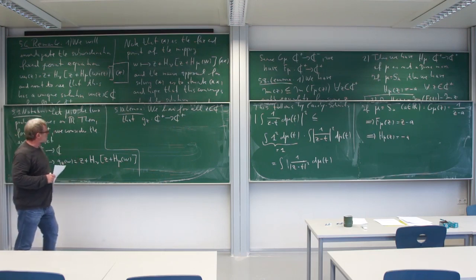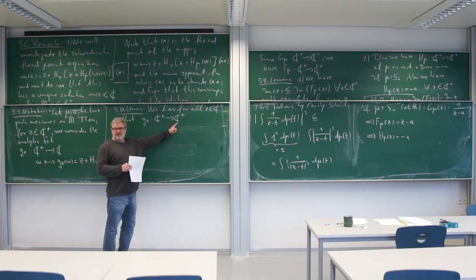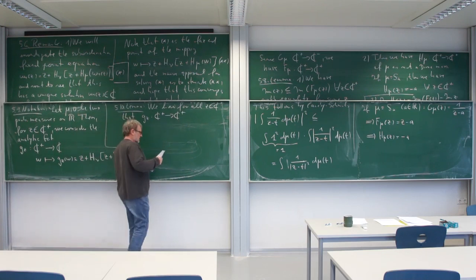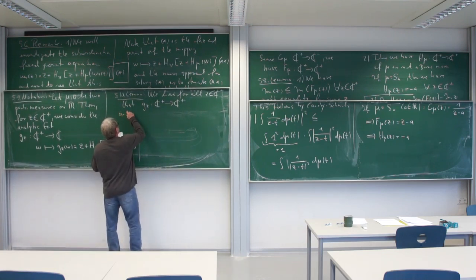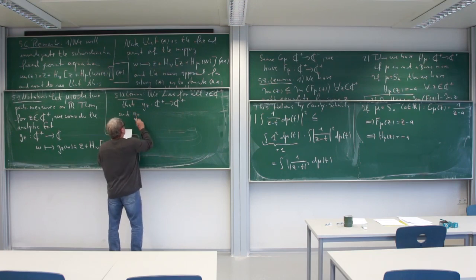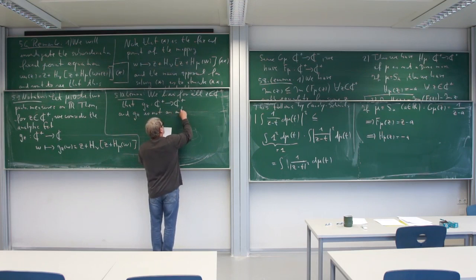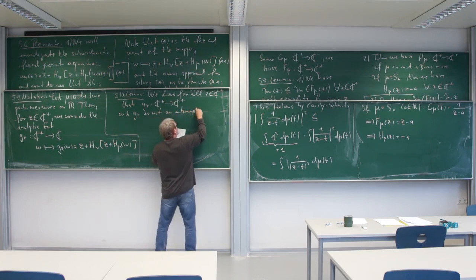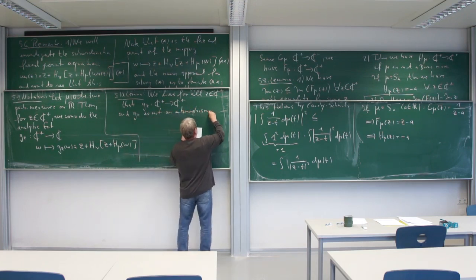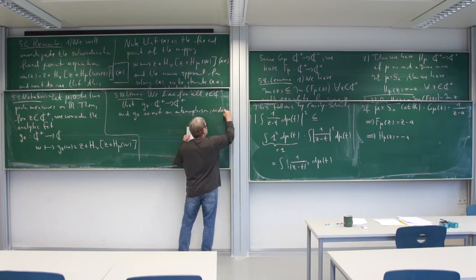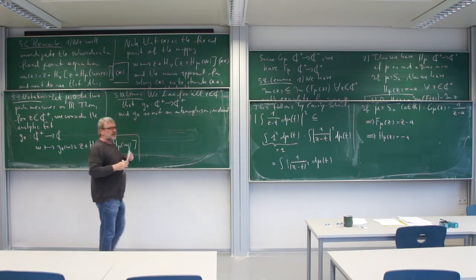So we should exclude that this is an automorphism from C plus to C plus. Okay, this is also part of this lemma. So G_z is not an automorphism.